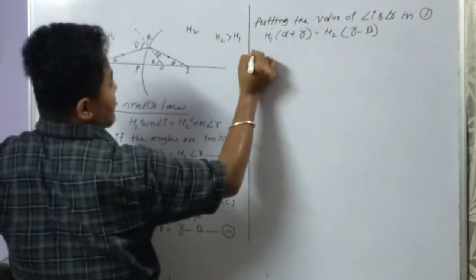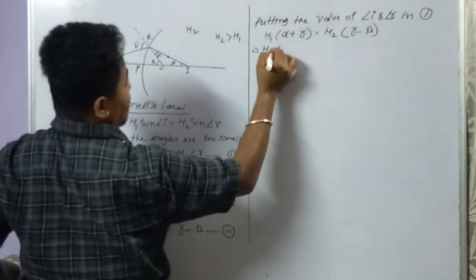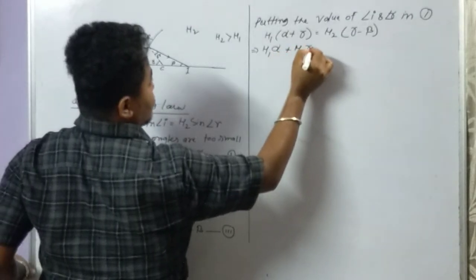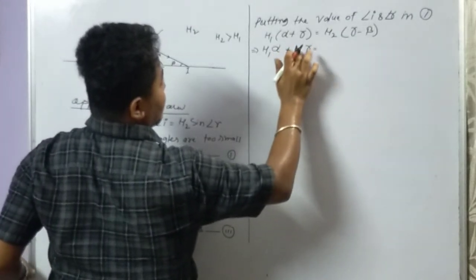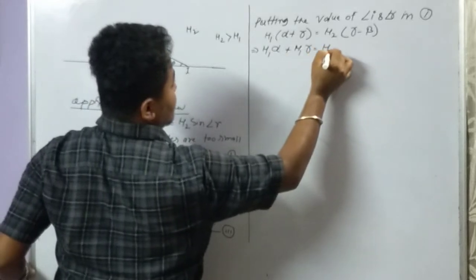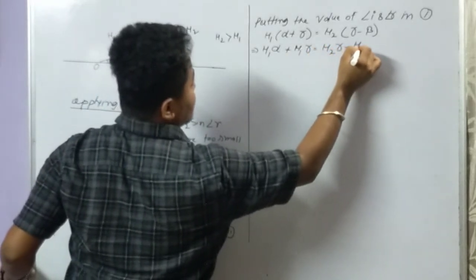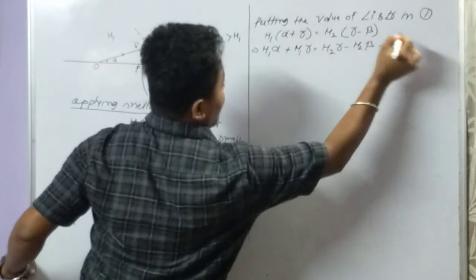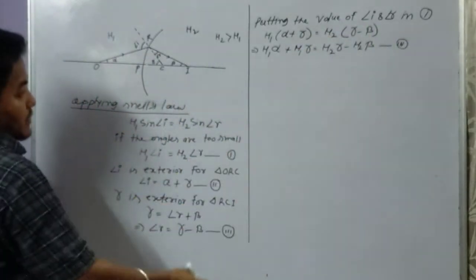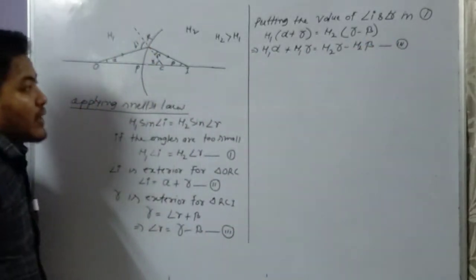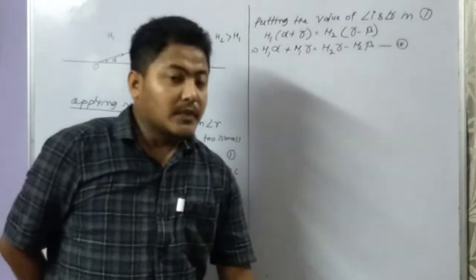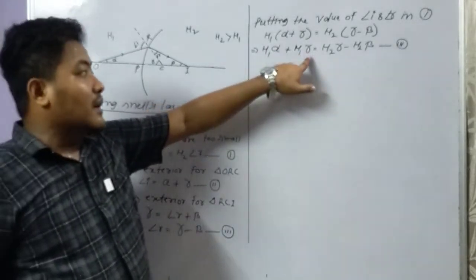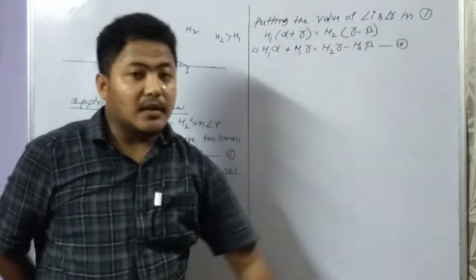So I can write this implies mu1 alpha plus mu1 gamma is equal to mu2 gamma minus mu2 beta, that is equation number 4. We have got these things. Clear? Now you can see this is the alpha angle, this is the gamma angle, this is the beta angle.